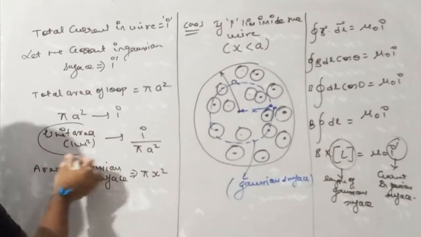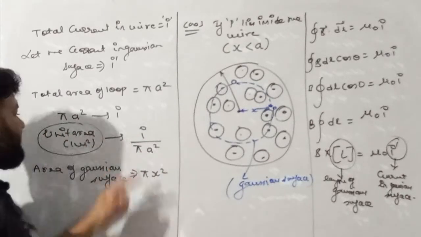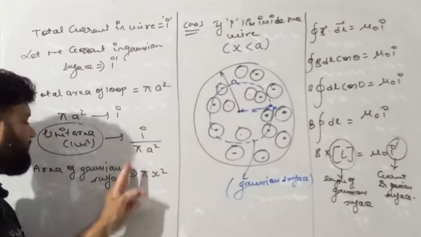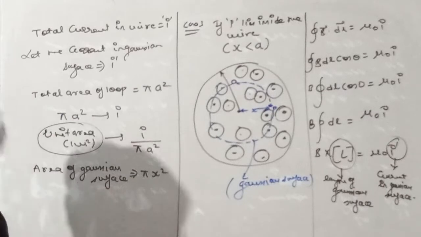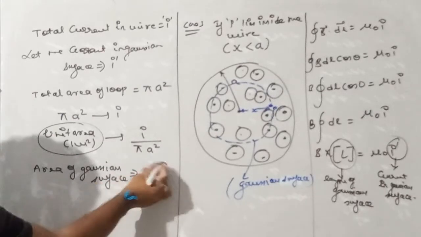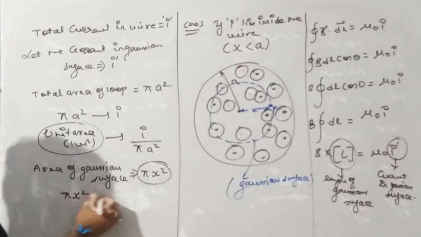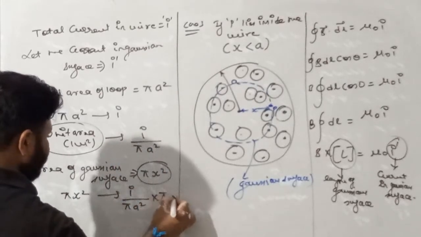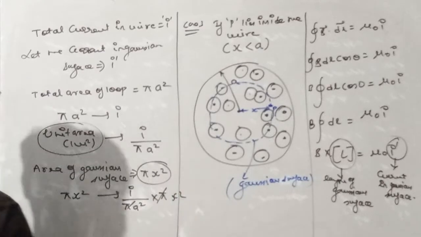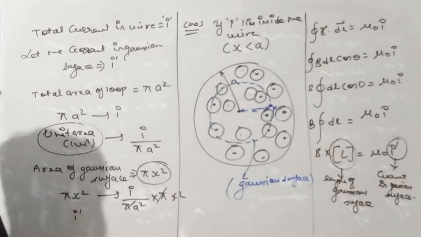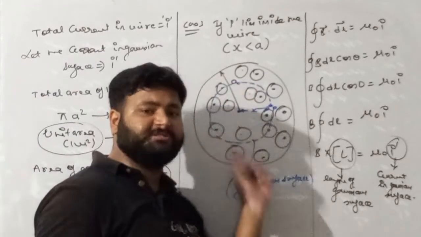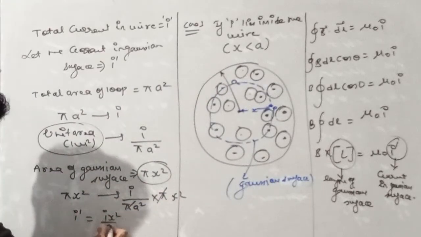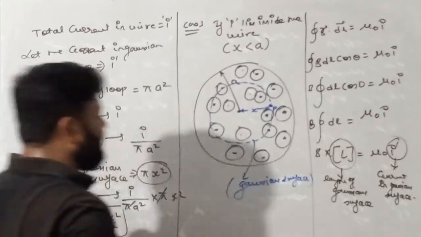So if in unit area, that is 1 meter square, the flow of current is I by pi a square, then the value of current flowing in pi x square must be I by pi a square into pi x square. Pi and pi get cancelled. So the current, that is I dash, which is current in Gaussian surface, is nothing but I x square by a square. I hope you all are understanding.